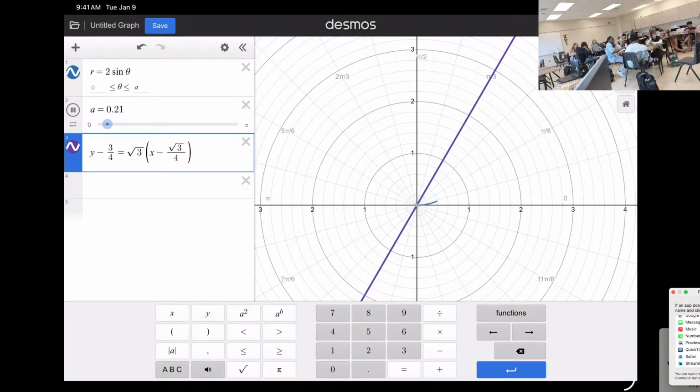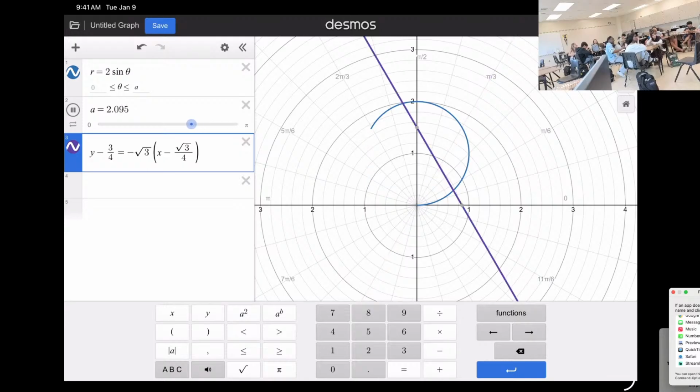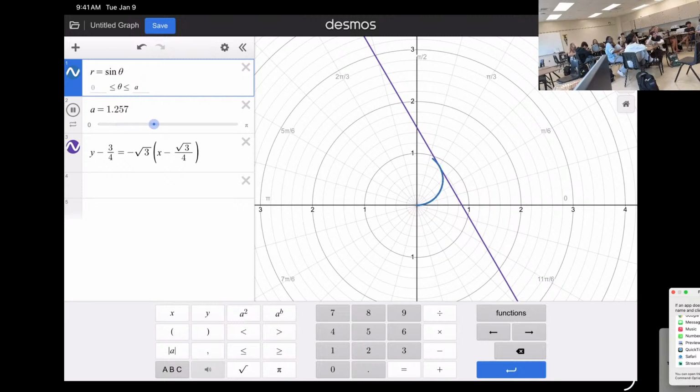This is negative for sure, but why is the point wrong? Are your x and y numbers wrong? Oh, it's because your r is wrong. Your r should just be regular sine theta. Ah, there we go. Okay, anyway, that's a tangent line, right? So the tangent line is y.